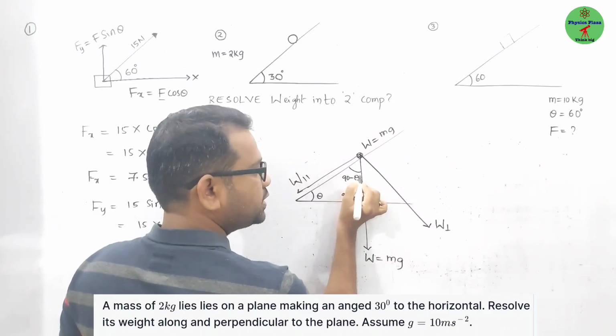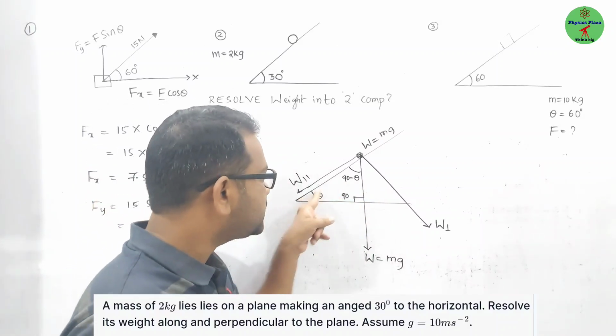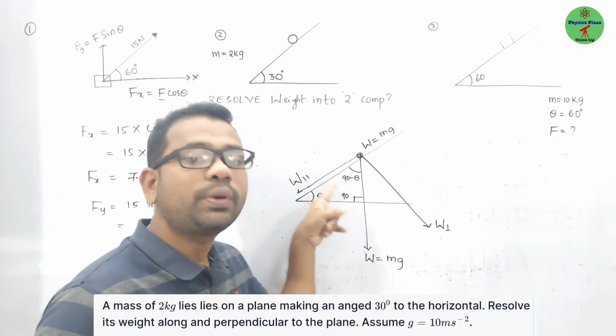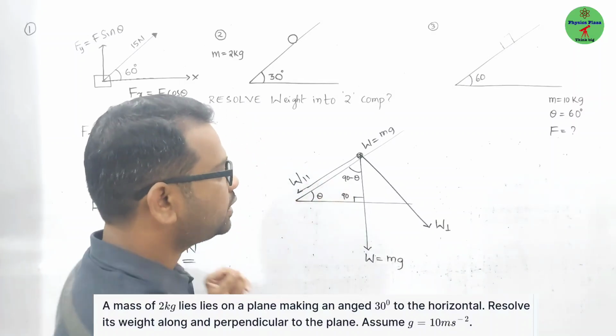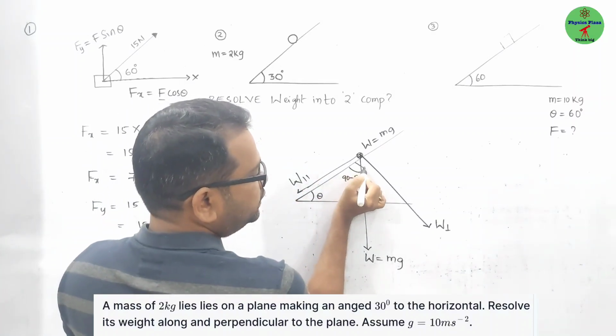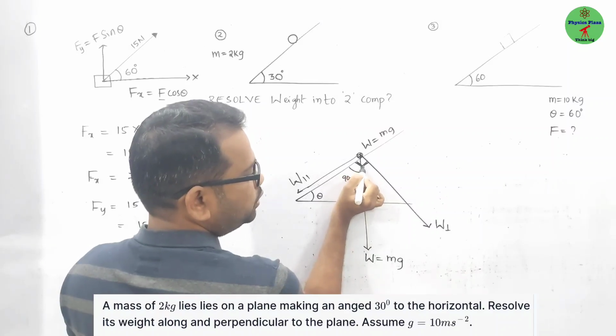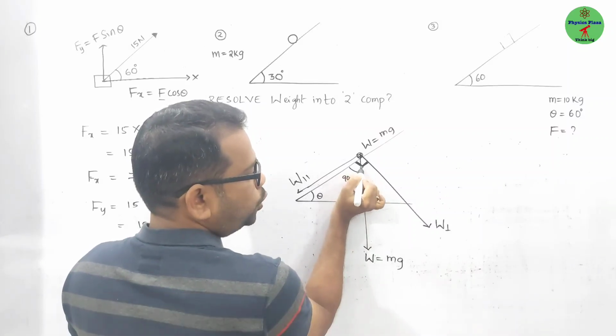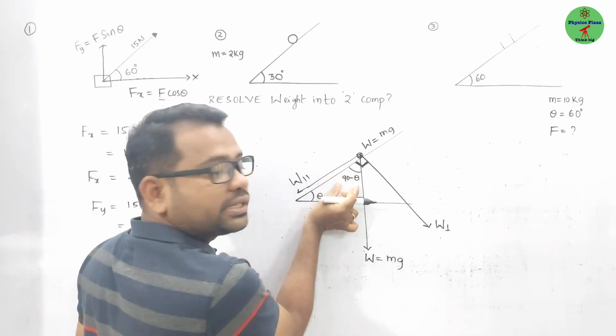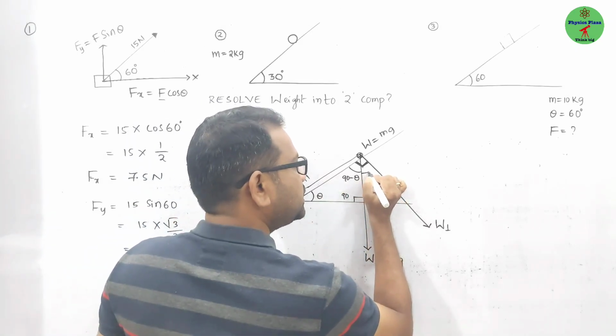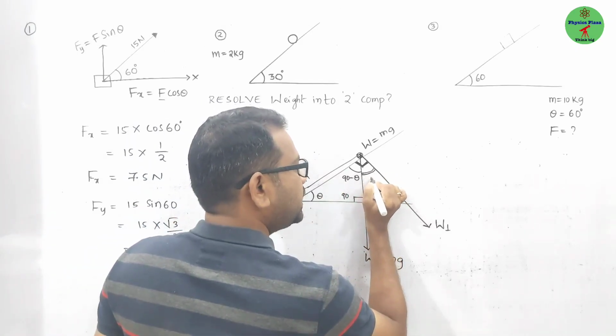Am I right, children? Yes, obviously, because the total of the angles inside should be 180. But don't you think this is 90 degrees? Yes, because it is the vertical component to the plane. As this total is 90, 90 minus theta is left. Obviously, this is going to be theta.